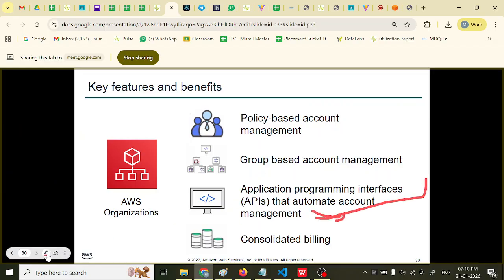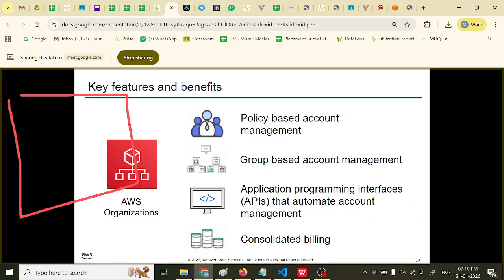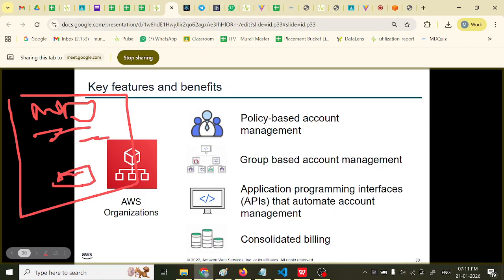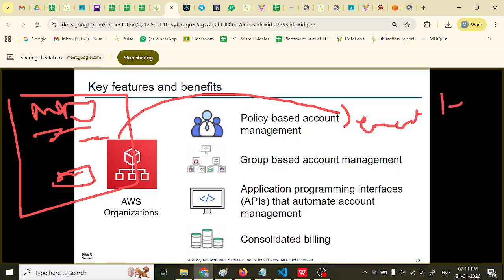For example, the management is updated automatically. Say you joined Infosys or Wipro on the first day. What will they ask you to do? They will ask you to update your full details, correct? They will give you a registration form. There you have to update all your details. Once you submit the form, you can see that your email ID is automatically getting created, like manasa at the rate wipro.com.